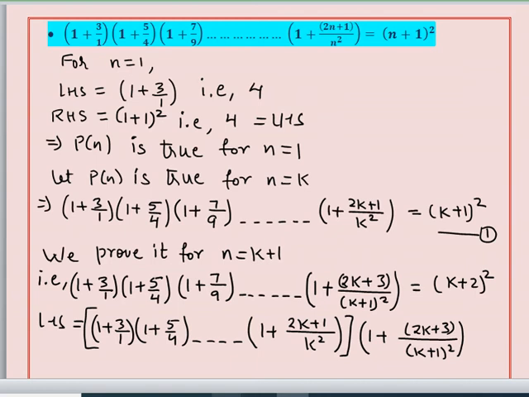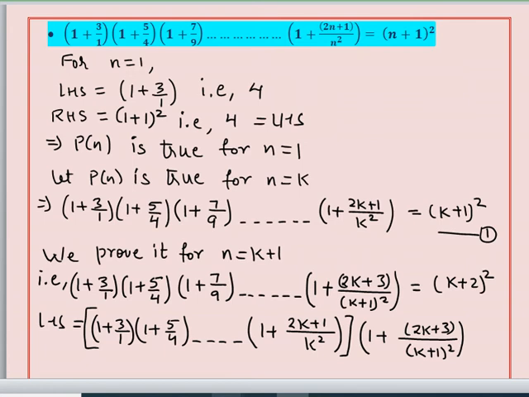Over here, we have replaced n by k in order to get the statement. So let us see what actually we need to prove. In order to check that, we have replaced n by k plus 1 on the left side as well as on the right hand side. So this is what we have to show now, that the product of these k plus 1 terms will be equal to (k+2) whole squared.